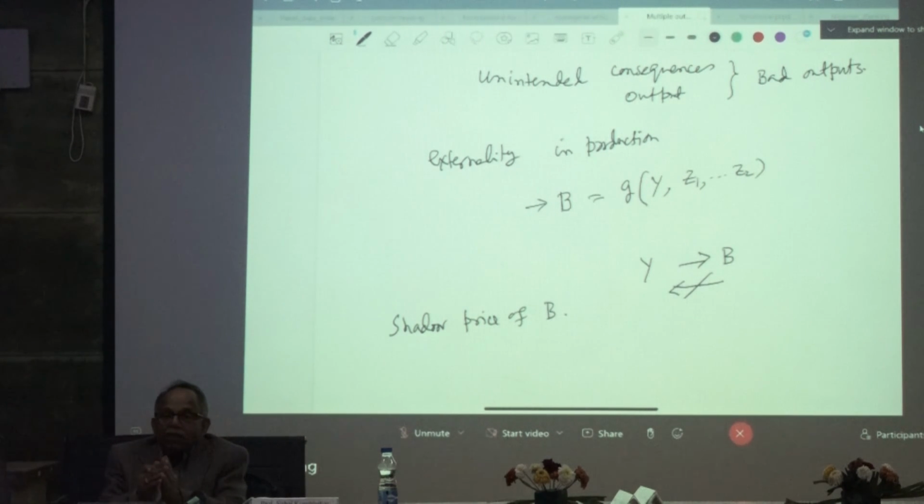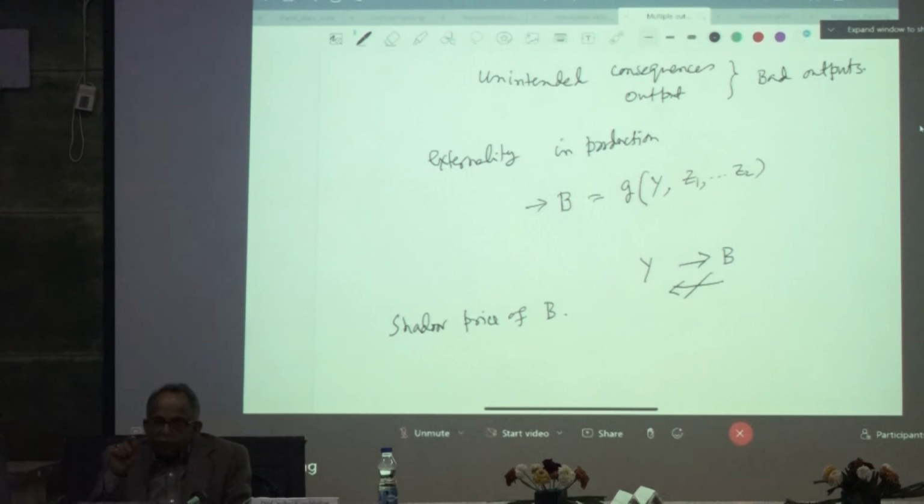The total is exactly the same, but sometimes you are allowed to sell, sometimes you are not. But the point is that these products, if you call them products, are not marketed. That means there is no price that you can observe. That's why we use the word shadow price, and we are interested in calculating the shadow price of it.